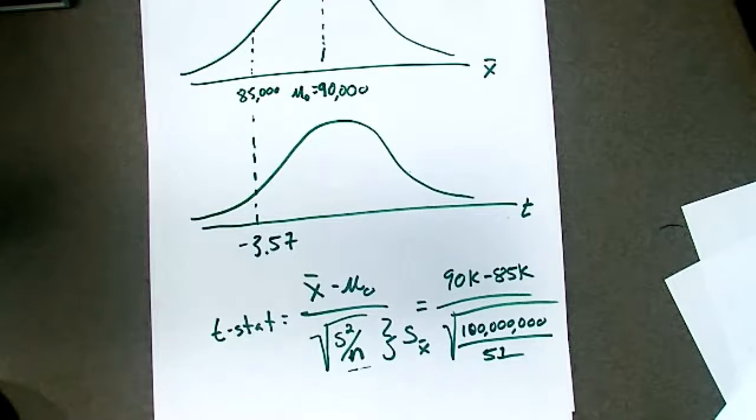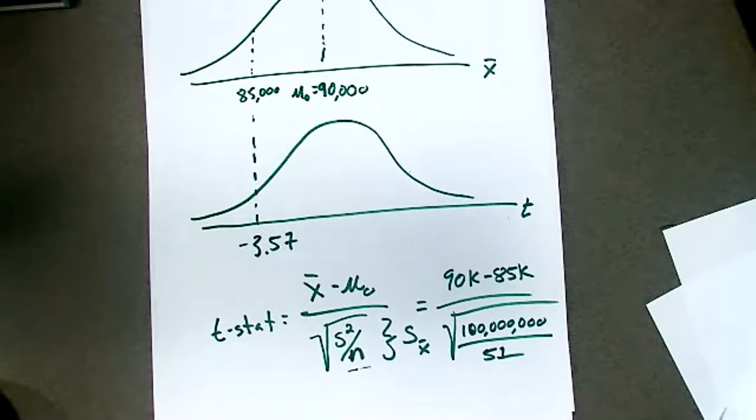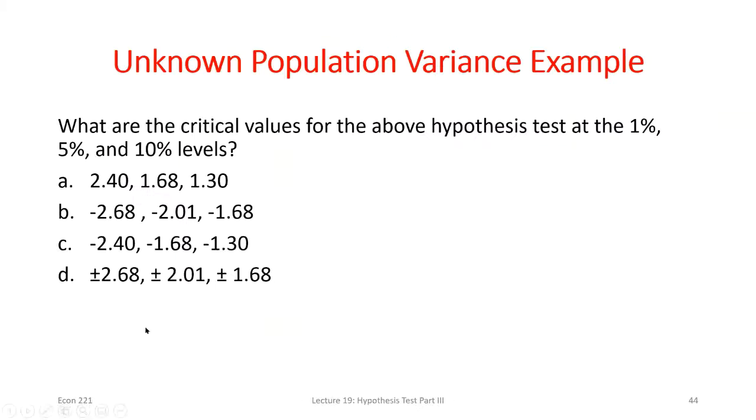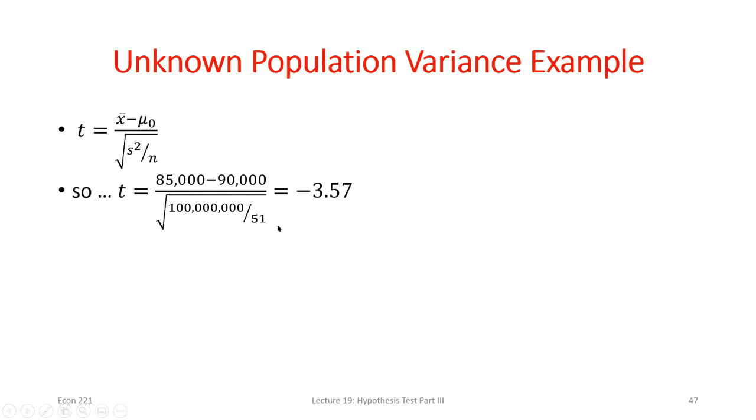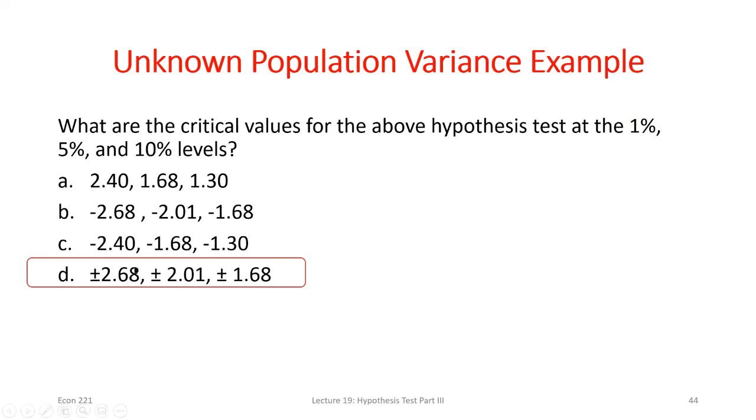Any questions up to that point? Now, we had those three critical values from earlier. We could have plotted them, but notice, I've got positive and negative, these were my three different levels. My test statistic, if I draw this out, is going to end up in the rejection region because negative 3.57 is greater in absolute value than all three of these critical values.